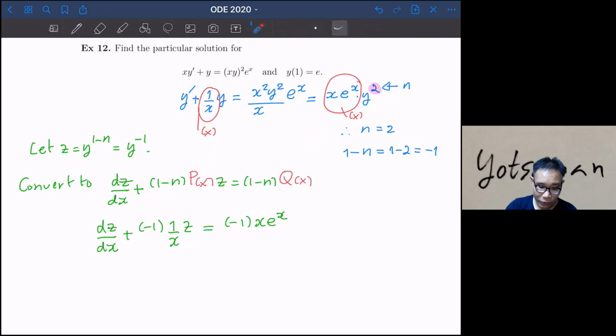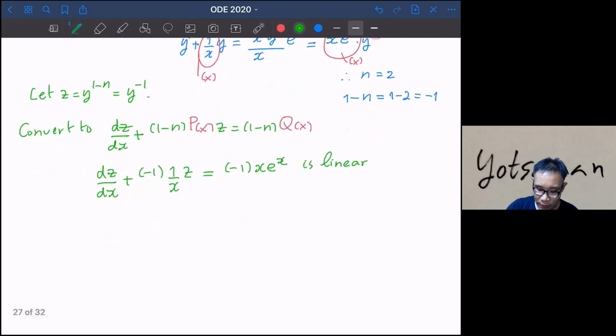You see that this turned out to be linear. So this is a linear equation. And so you have the new P(x) equal to negative 1 over x, and you have Q(x) equal to negative x e to the x.